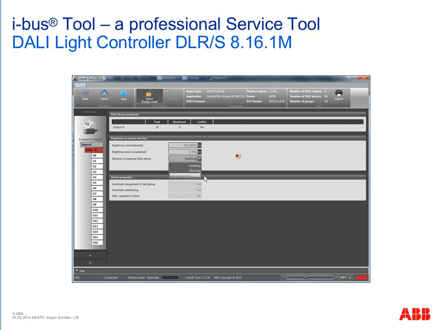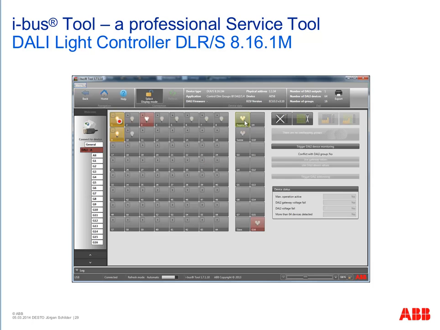The DALI light controller has nearly the same DALI basic settings, output A, like the other DALI gateways. Additionally, we can, for example, change the behavior of a device when we select it: switching, dimming or blinking in this parameter, and later when we click on this device, it blinks, switches or dims.